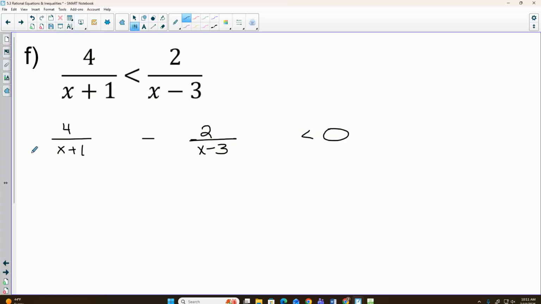If I'm going to add or subtract fractions, we need a common denominator. I have 2 fractions here. What does the first one need to be multiplied by? Top and bottom. What's the second one need to be multiplied by?